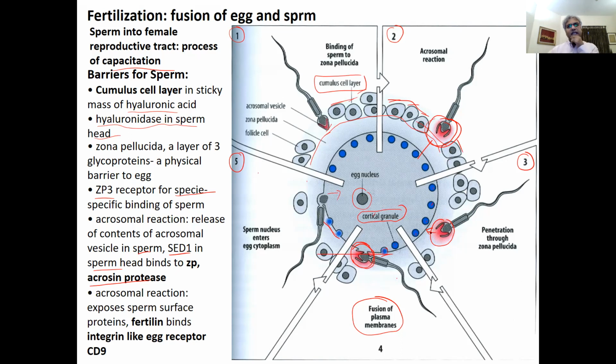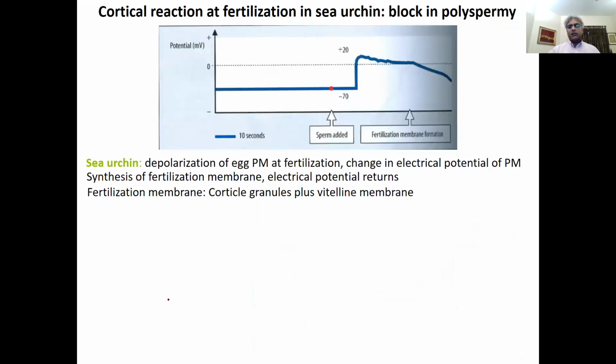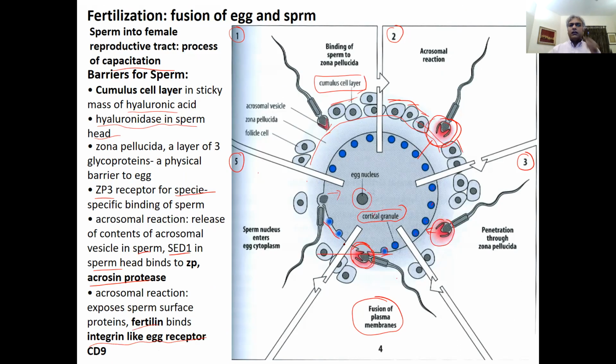They are released to the zona pellucida, which facilitates its movement through the zona pellucida, and eventually nucleus is released. There is a protein called fertilin that binds the integrin-like egg receptor. All is happening at this acrosomal reaction.